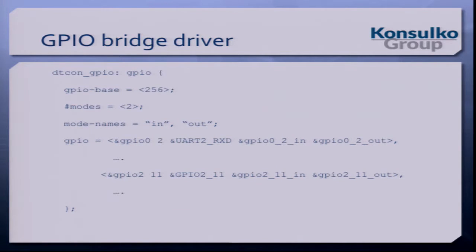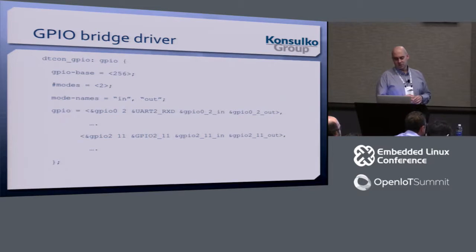That's one configuration. Then you have how many modes you support. So we have two in this GPIO chip driver. It's in and out, and then you define all the pins in the connector that can be configured for a GPIO and where they're really connected on the backend GPIO chip driver.